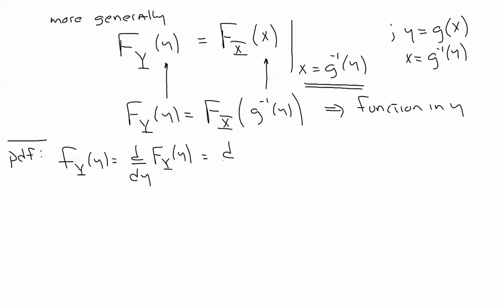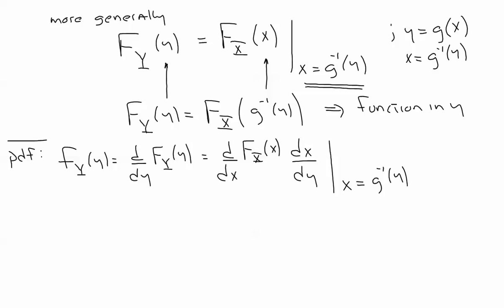This is going to be the derivative with respect to x of the functional form for the cumulative distribution function of random variable x times the derivative of x with respect to y, where, always and everywhere, I substitute x equals g inverse of y. Okay?